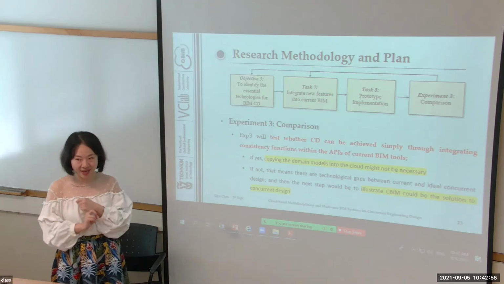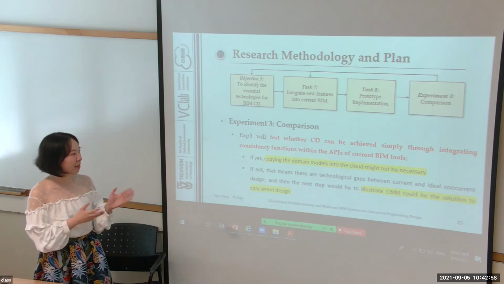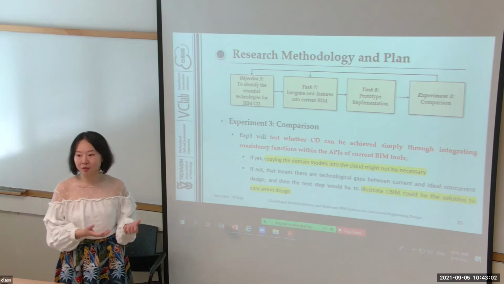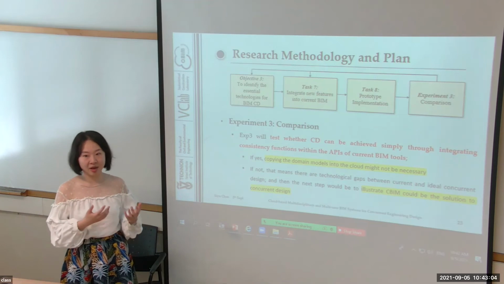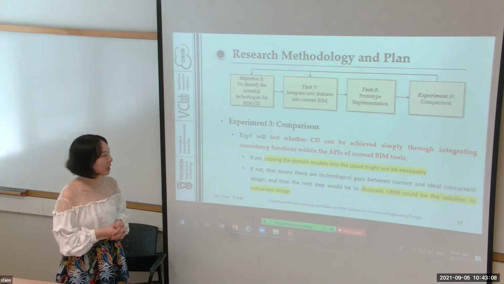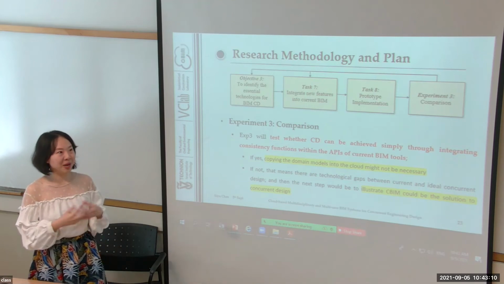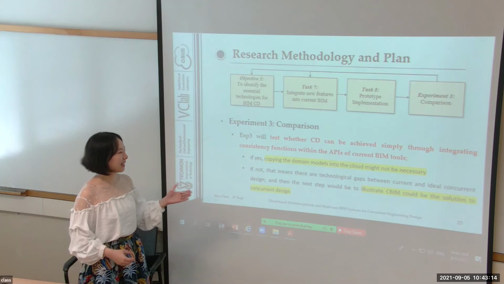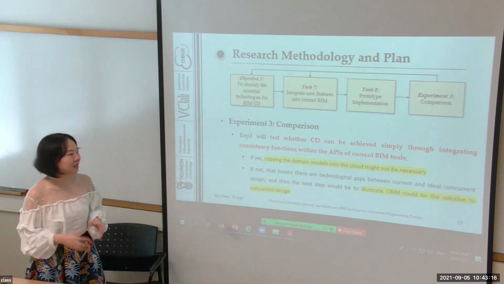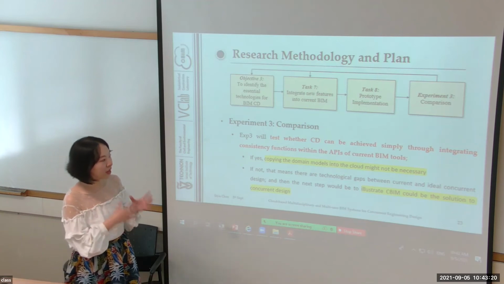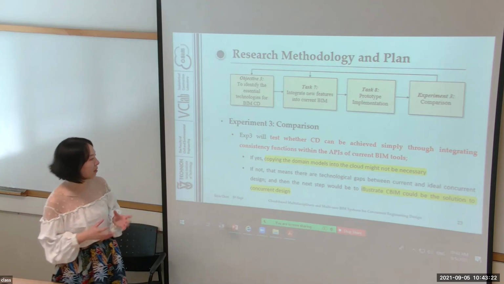If yes, then copying the domain models into the cloud might not be necessary, because the current BIM paradigm can already support this kind of concurrent design. And then that might be my final product. But I wish if not, that means there are a lot of technological gaps between the current and the ideal concurrent design.